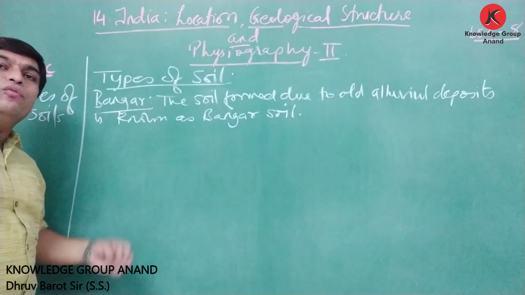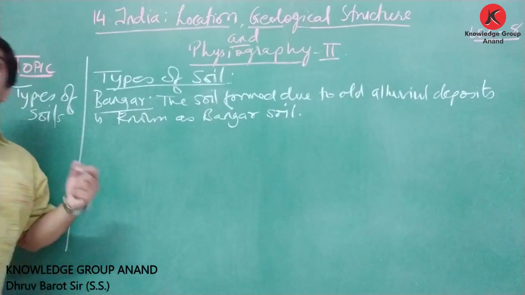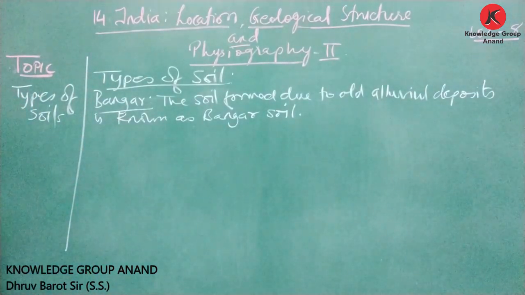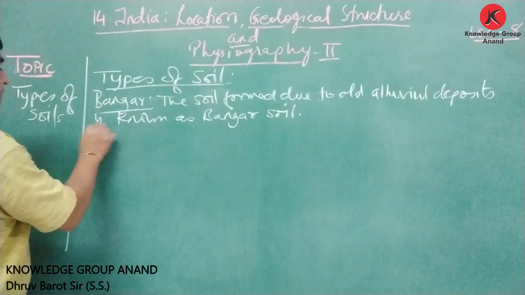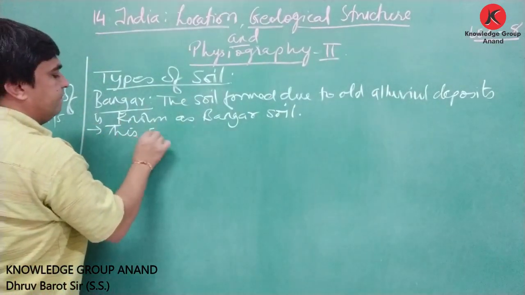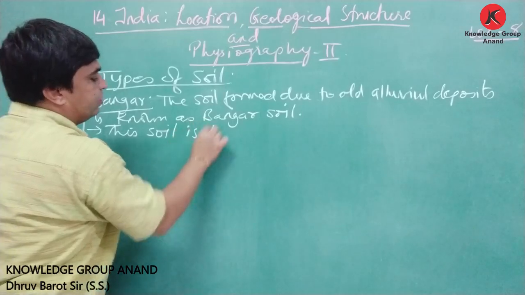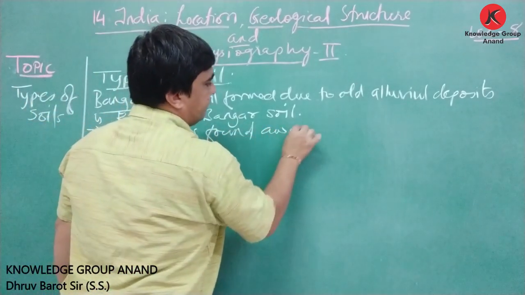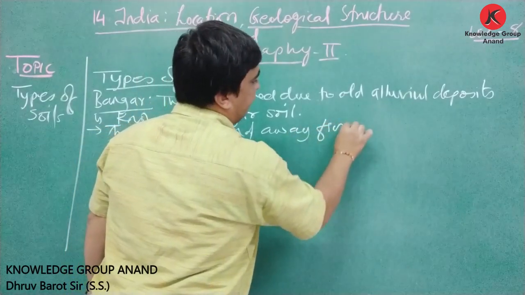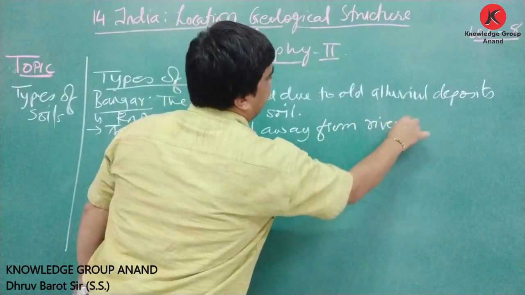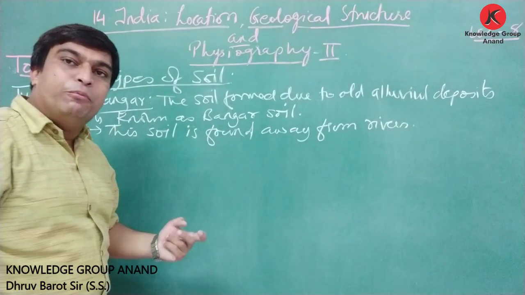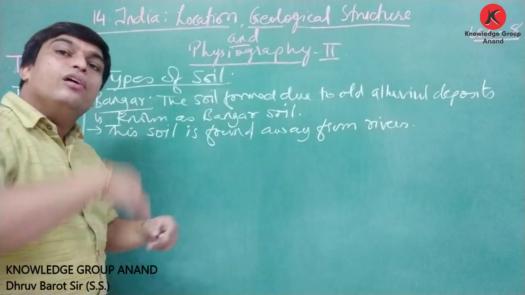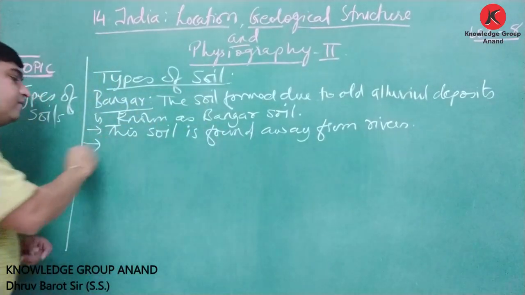Khadar was the new alluvial deposit and the Bangar is old alluvial deposit. This soil is found away from rivers. As this soil is the old alluvial deposit, this soil is found away from the rivers.